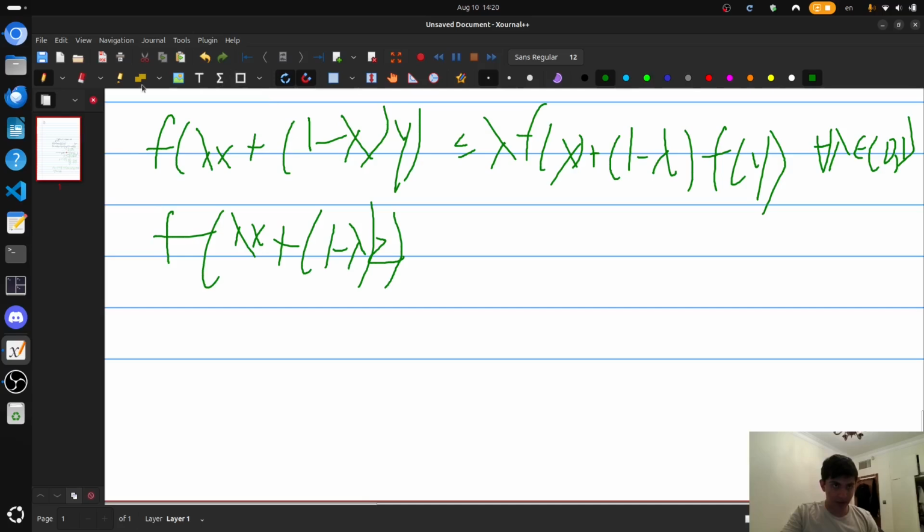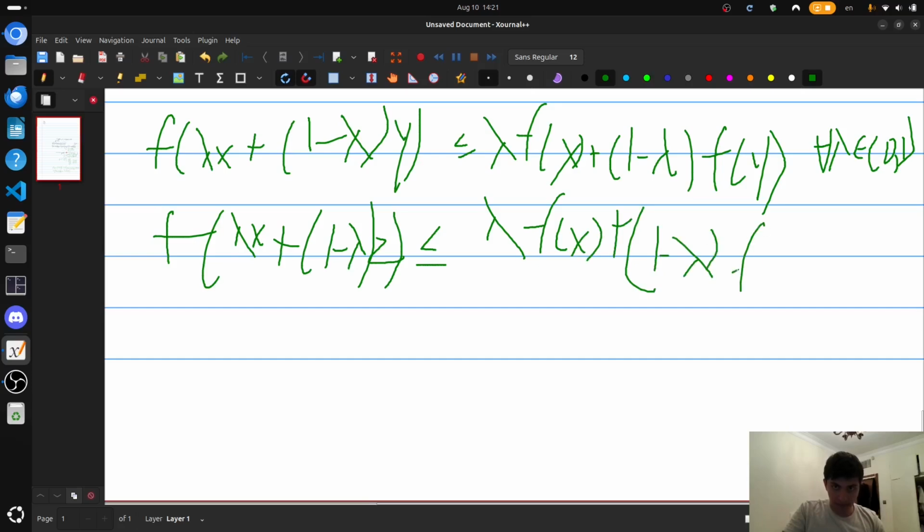If we can just copy this, I'm not sure how. Let's just rewrite it. So they're equal to lambda f of x plus 1 minus lambda f of z.